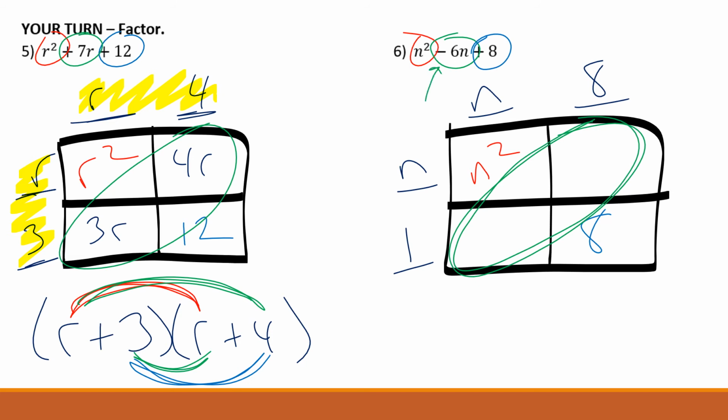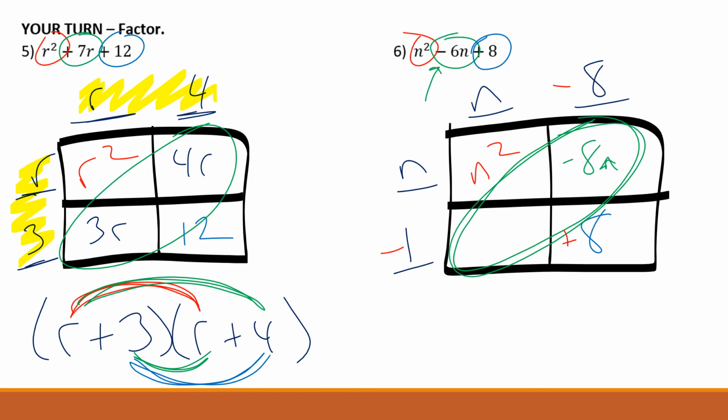So what that means is I know these two things, whatever they are, have to be negative. A negative times a negative is positive, and when you add two negatives, it stays negative. Okay? So if I now finish checking this, negative 8 and negative 1n do not add up to negative 6n.